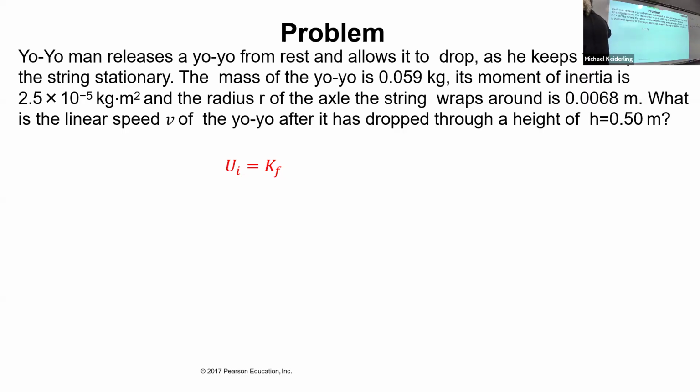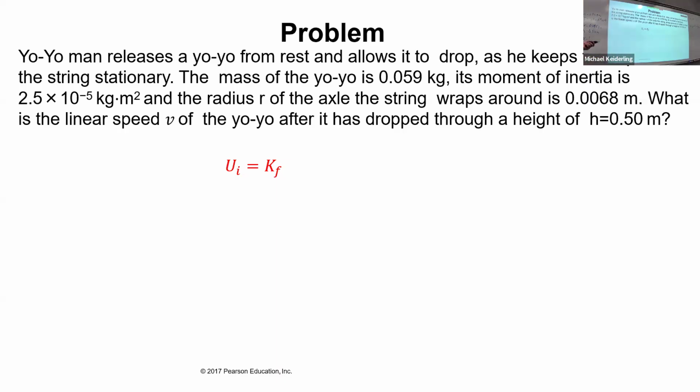Moment of inertia is 2.5 times 10 to the minus 5 kilogram meters squared. Radius is 0.0068 meters, and height is 0.5 meters. And we are looking for final velocity.